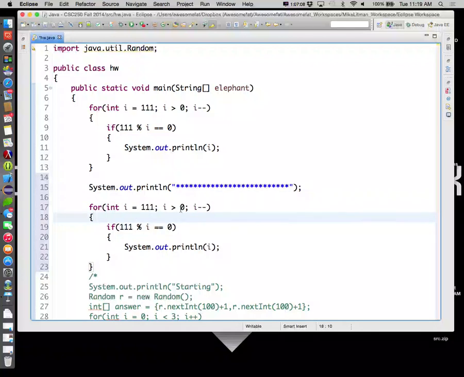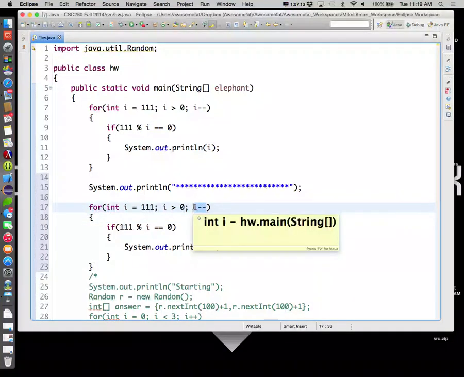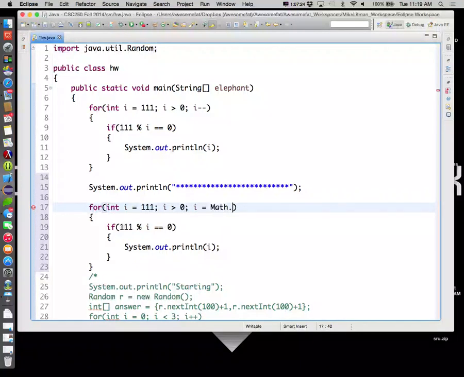So we'll start at 111. We'll keep going as long as i is greater than 0. Each time through, i is equal to Math.sqrt of i. It's going to complain; we actually need to cast this into an int, because the square root of a number very possibly will be a double.